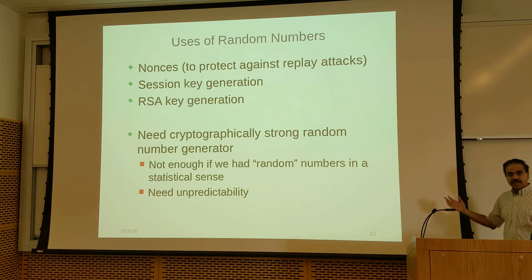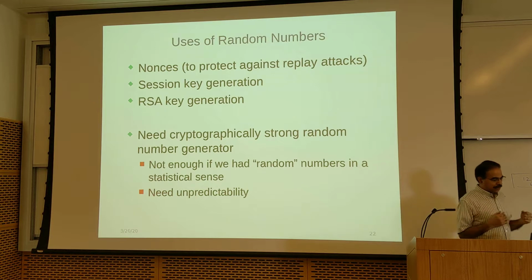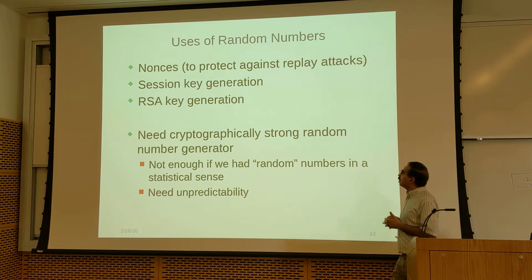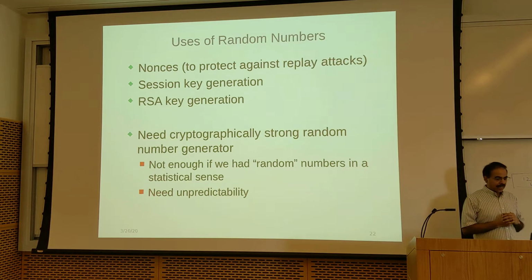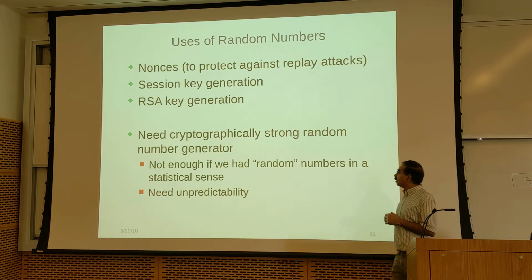And keys generated in this manner are often called session keys, because typically you use a public key based step to establish a session where each side of the connection is authenticated to each other and so on. And at that point, they establish a session key, and for the session key, you need a good random number generator.